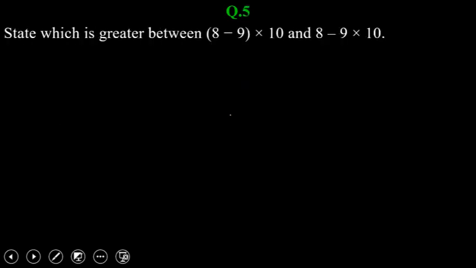Next, state which is greater between 8 minus 9 into 10 with brackets and 8 minus 9 into 10 without brackets. Tell me the answer. No, Samar, these are not equal.